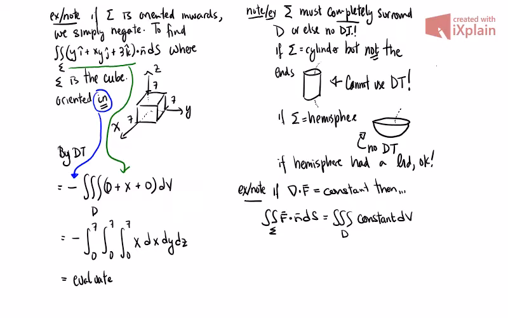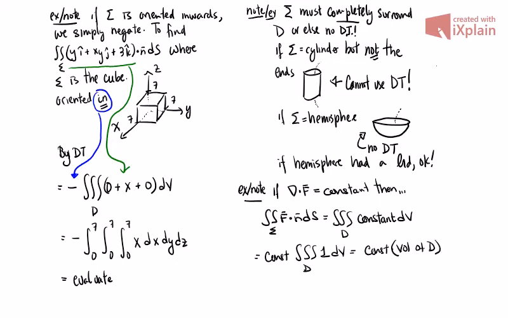Now, constants we can pull out, right? So this then becomes a constant times the integral over d of 1. The integral over d of 1 is just the volume of d. So we get the constant times the volume of d.